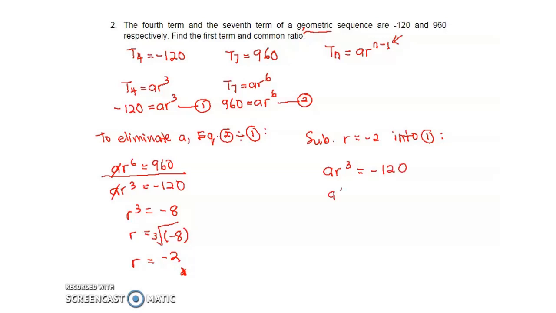So A multiplied by negative 2 to the power of 3 equals negative 120. So A equals negative 120 divided by negative 2 to the power of 3, so A equals negative 15... negative negative will be positive. So A equals 15.